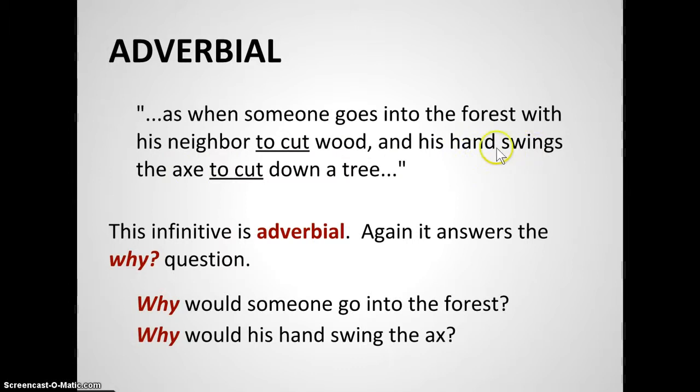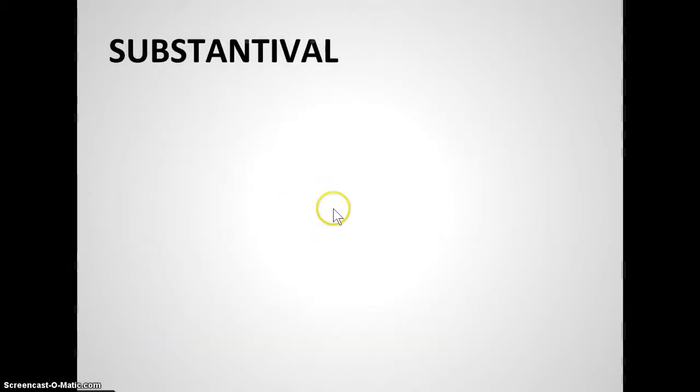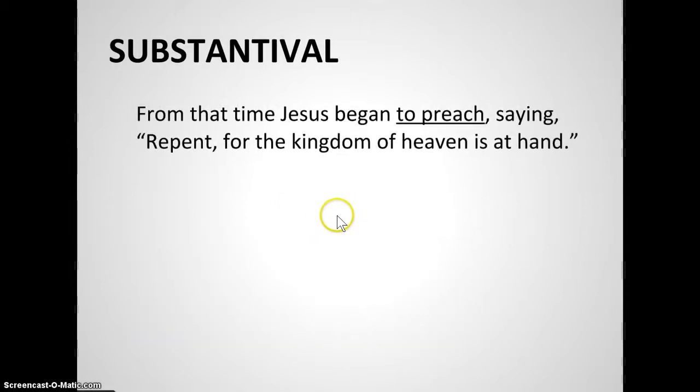Well, the reason the hand swings the axe is to cut. That's the infinitive. The whole infinitive phrase here, of course, is to cut down a tree. But this infinitive is answering the why question. By the way, whenever you have an adverbial infinitive, it'll almost always be answering the why question, giving a reason, the cause for something.